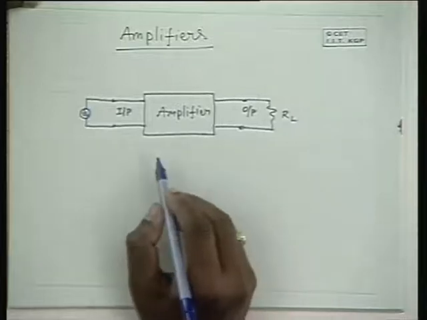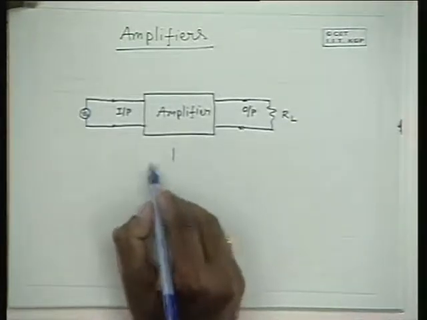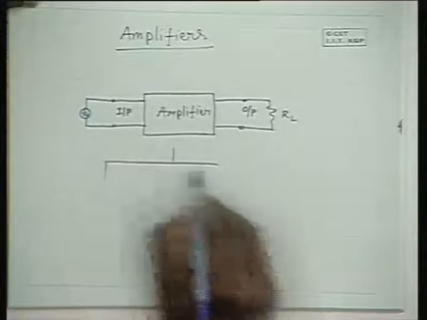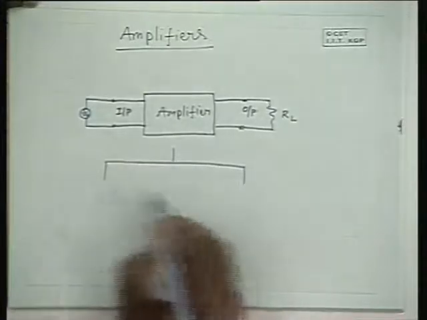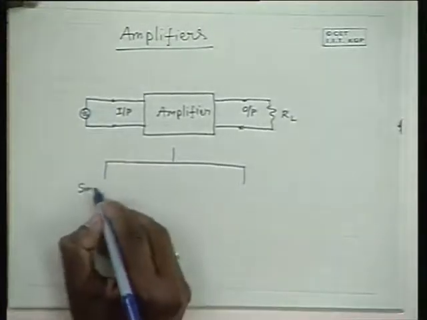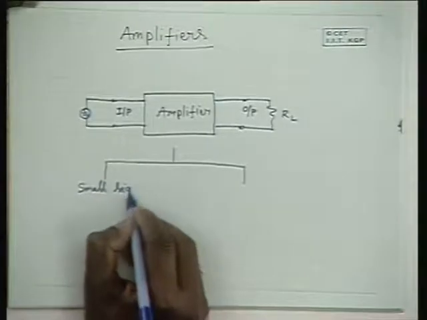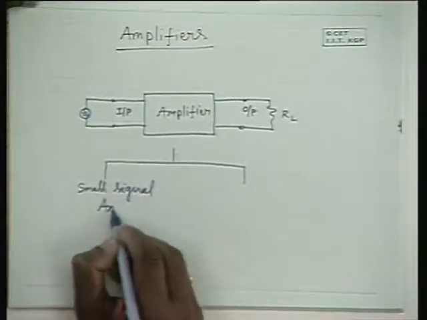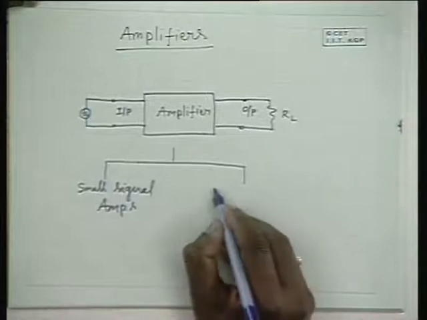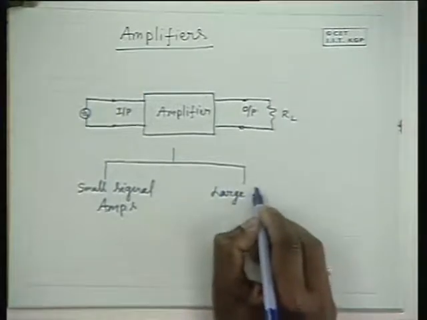One appropriate way of doing it is by means of the signal strength. By means of signal strength, we have small signal amplifiers and large signal amplifiers as the classification.